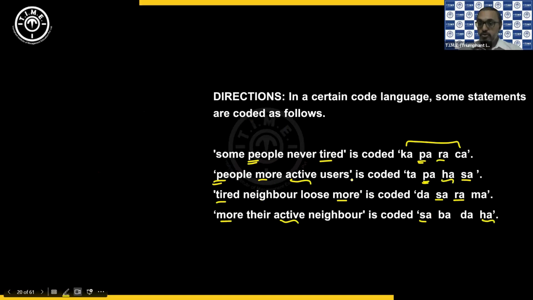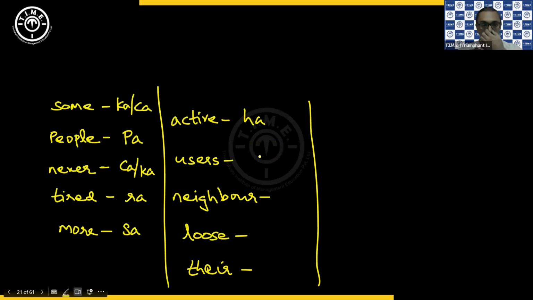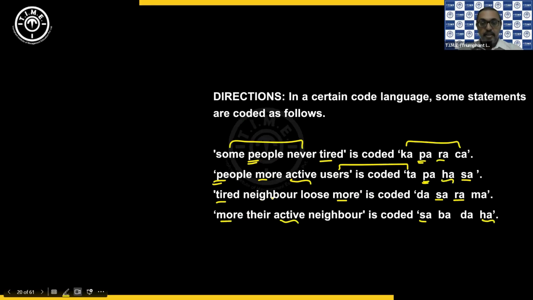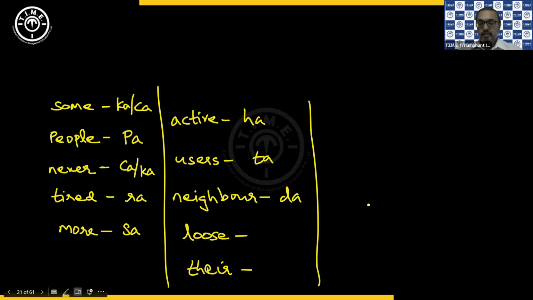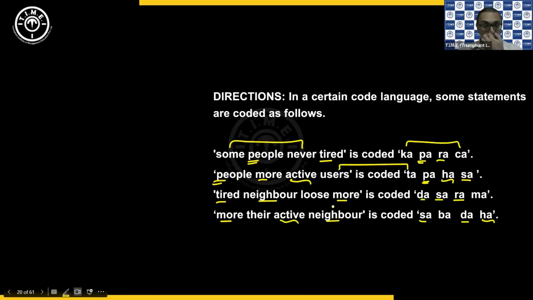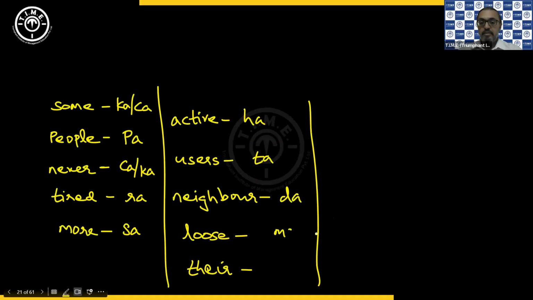Now the remaining word is users. So the remaining code we have is TA. So for users, we take TA. Then neighbor is repeated in the third and fourth sentence. So between them, the code is DA. So neighbor is DA. Now lose is the only remaining word, and the code we have is MA in the third sentence.